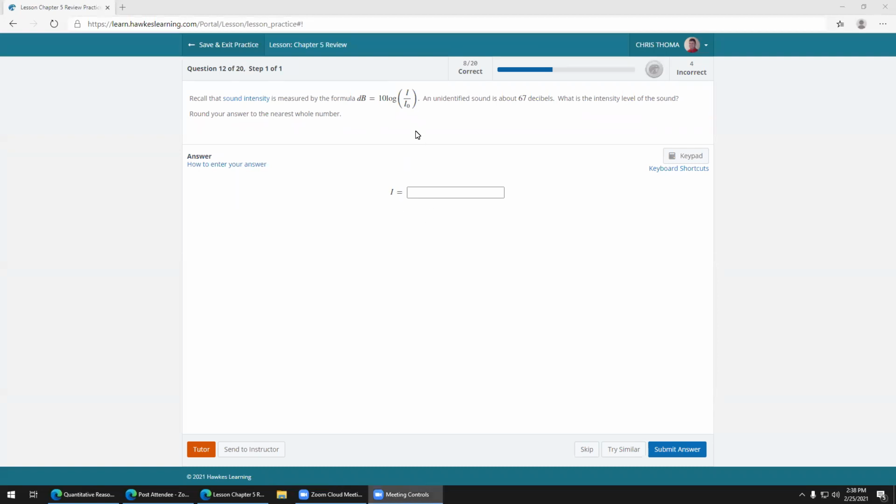All right, for this one, we are going to make sure we read carefully here. So let's see, record the sound and let's see, dB, if the unidentified sound is, so dB is decibels. So when we go to solve this problem, I have to do a little bit of algebra. So this becomes 67 equals 10 log, and then I0 in this case is 1 because we're basing it off the foundation, the intensity we're measuring at.